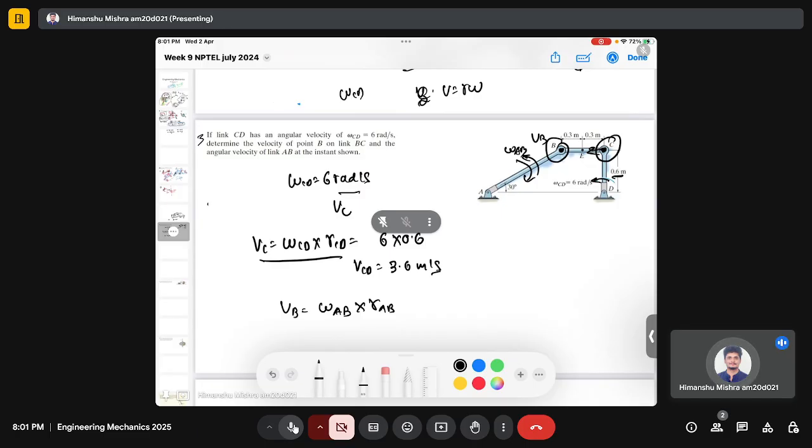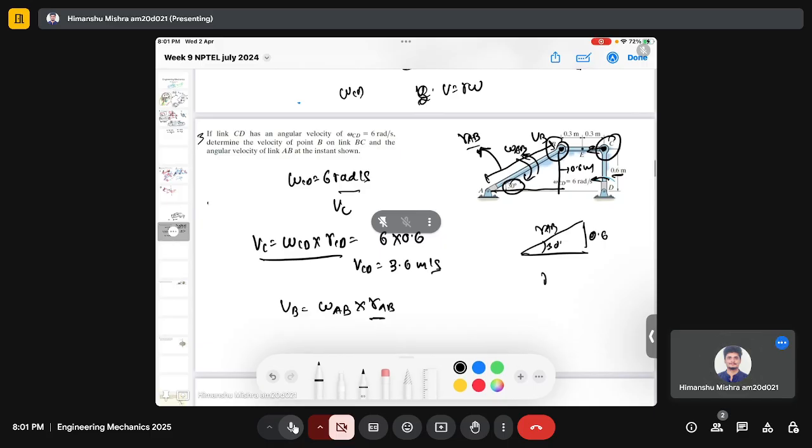And this RAB I can find. So this is my 0.6 meter and this is at 30 degrees. We can find this RAB. Basically I am now concerned about the magnitude of RAB. So this is 0.6, this is RAB, this is 30. So RAB will be 0.6 sine 30.